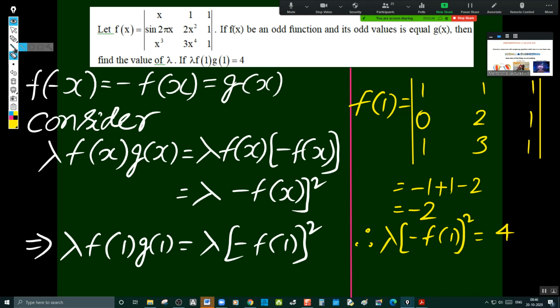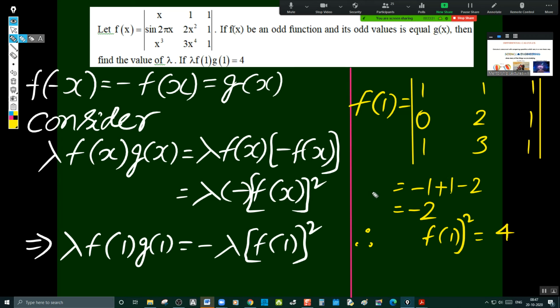This will be out. This becomes minus lambda into f of 1 whole square. It is given to be 4, please. Anyone, can you tell me the value of lambda? Lambda is -1.